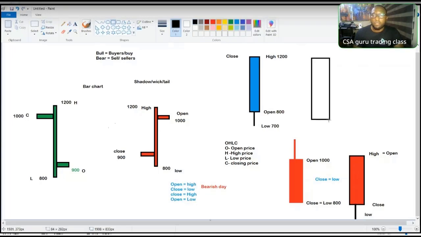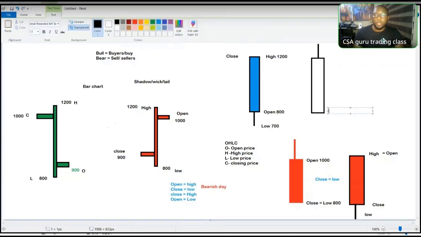So we have the body, and you have the wick. Opening equals to low.